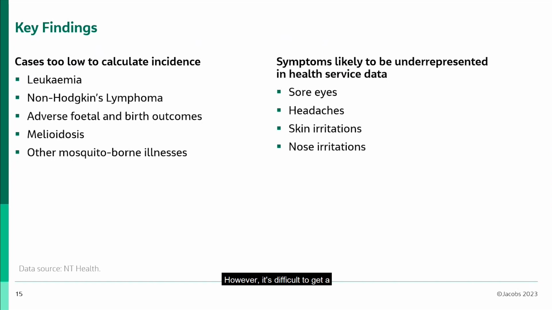However, it's difficult to get a reliable estimate of incidence of these conditions because they are often acute, i.e. short term and mild, and people may not seek formal health care, so they're more likely to self-care or choose over-the-counter treatments. It's likely, therefore, that any data we do have on this is a large underrepresentation of the incidence of these types of condition.